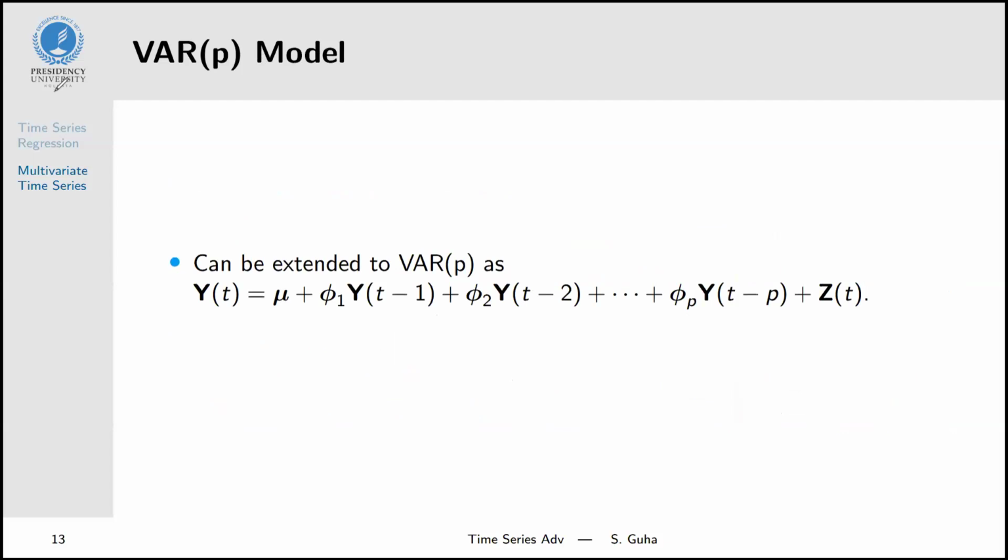Similarly, one can extend the concept of this VAR model, VAR1, VAR2, VAR-P model, where you keep on adding the number of patient information and temperature information, not only for yesterday, but the day before yesterday, the day before that, and so on. That way you can work with a VAR-P model.